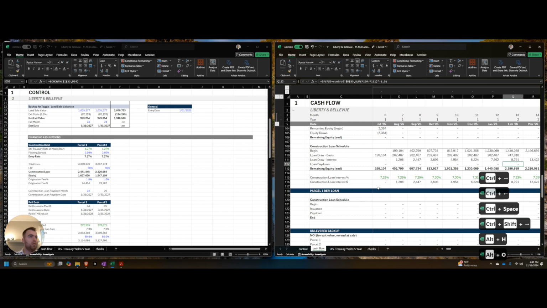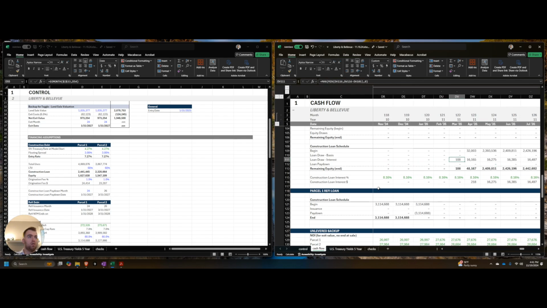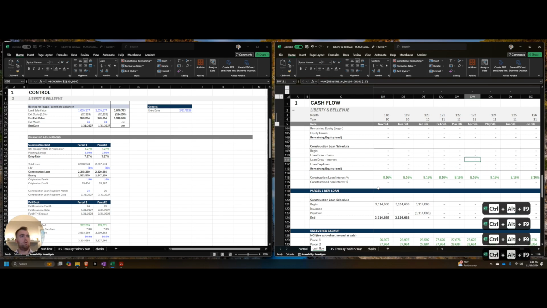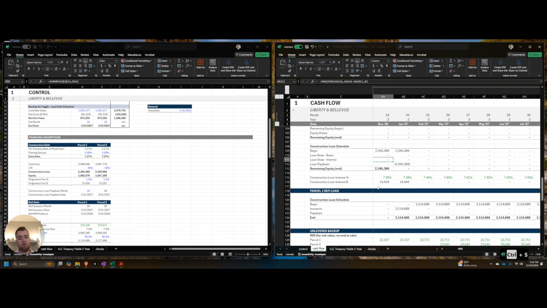But then the loan draw for interest should take that out. And then the refi should actually go. So this doesn't make any sense. Okay, that was just a refresh issue, I guess. Okay. I'm gonna save up.